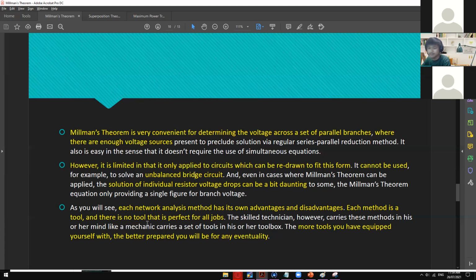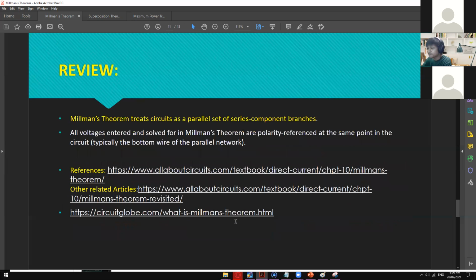So that is why having as many tools as you can have is a perfect weapon that you can bring anywhere when it comes to solving, let's say, a voltage drop or a current on a specific path or node. Okay, so here's the reference.